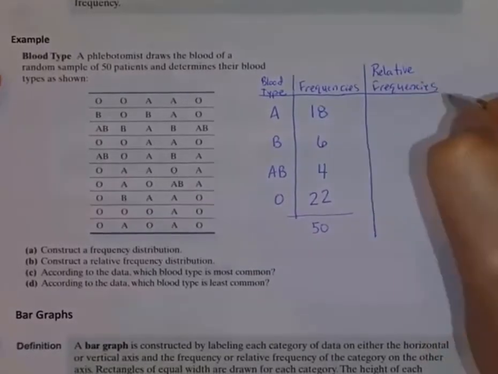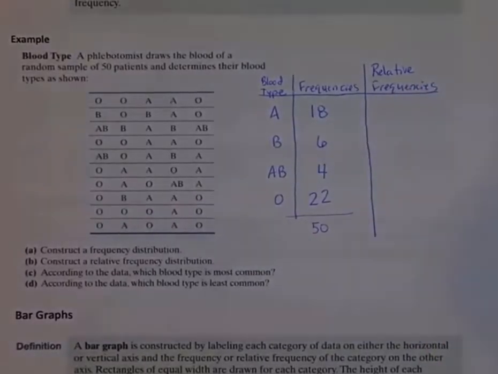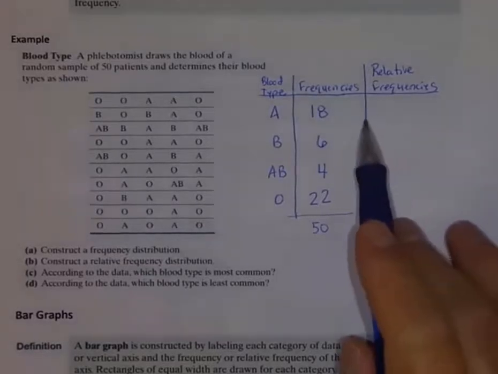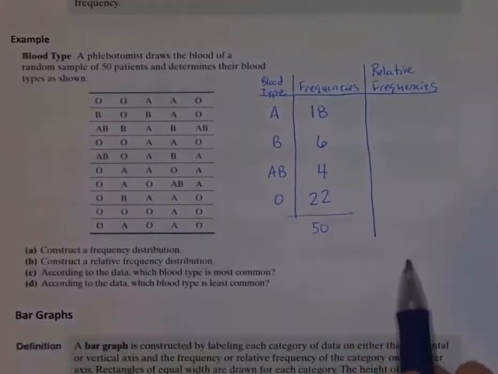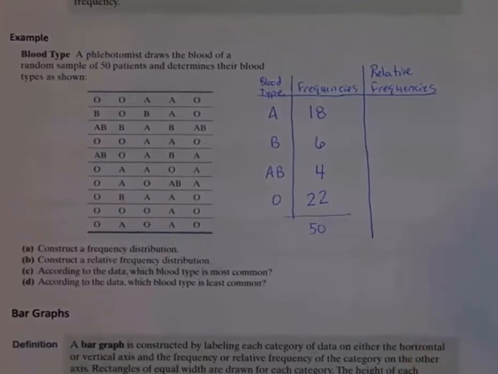So relative frequencies. Relative frequencies means I'm going to basically just change these into proportions. I would say percentages, except usually we don't actually write them as percentages. We write them as the decimal form of a percent.